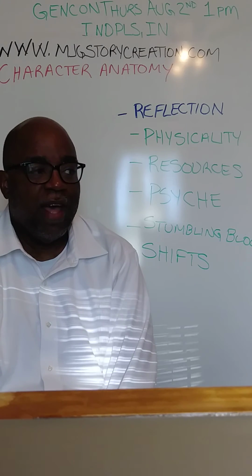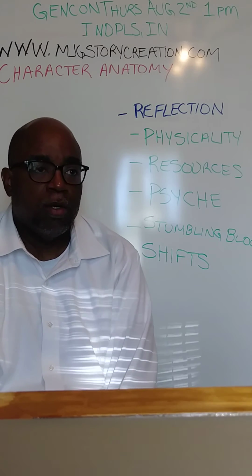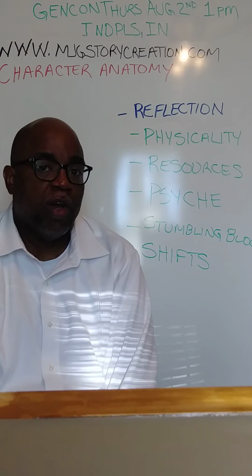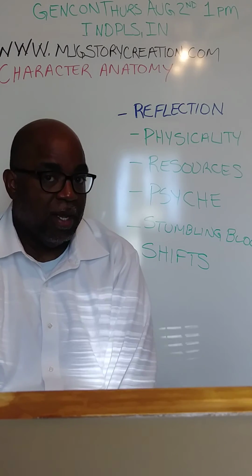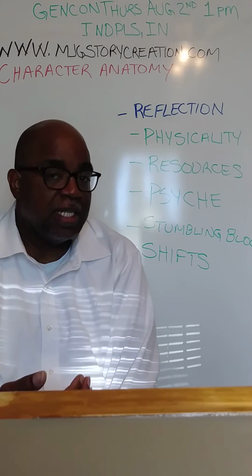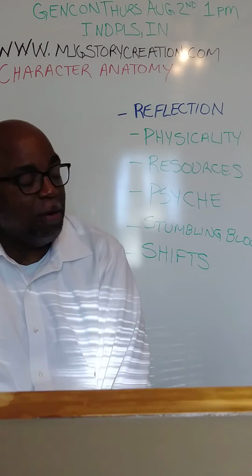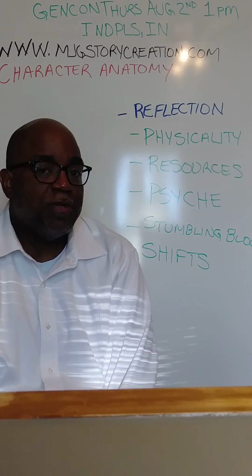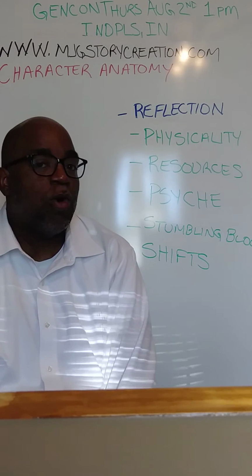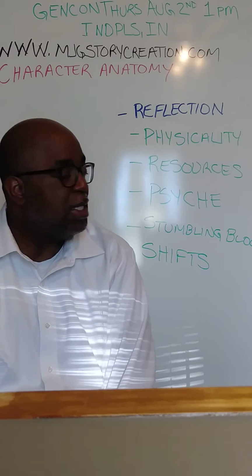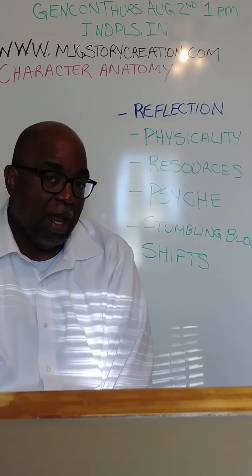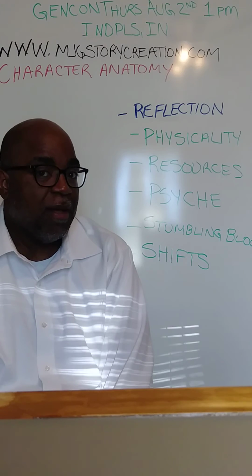What stands in the way of that character being able to reach the goal in this story? Being able to learn the lesson, which goes back to purpose, to learn the message and learn the lesson in order to reach the goal. What stands in the way of that? That is the stumbling block. And you have to be very specific about that.